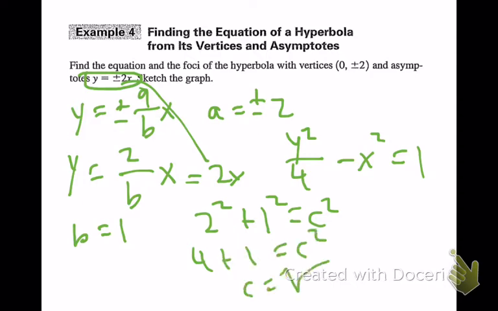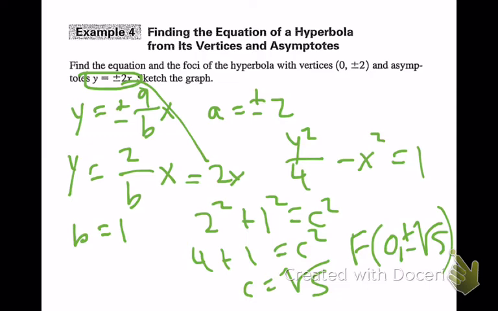So c equals radical 5. So our foci are 0, positive, negative, radical 5. Right? Everybody have all that? Okay, if you at least write it down, you can go back and review it if you don't understand it quite yet.